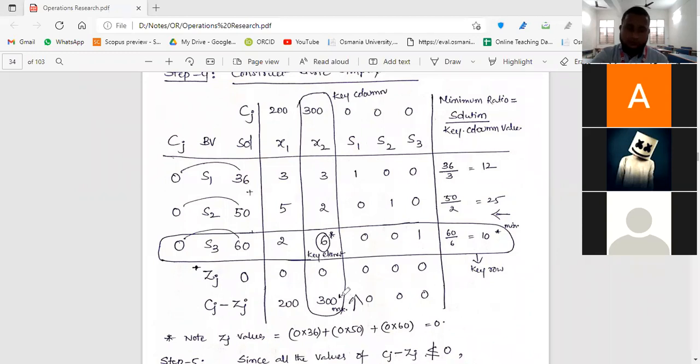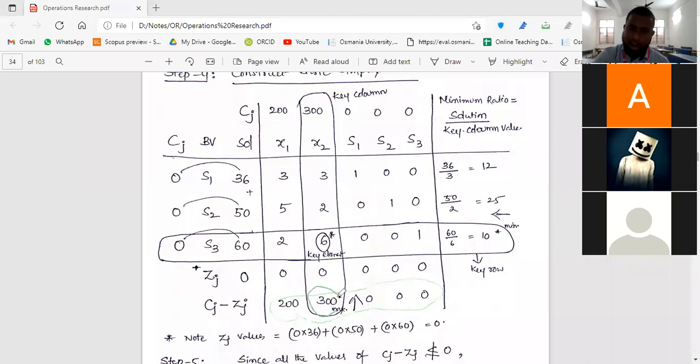Now, you have to select the maximum value from the Cj minus Zj values. What is the maximum value? 300, right? Out of these 5 values, which value is maximum? 300.